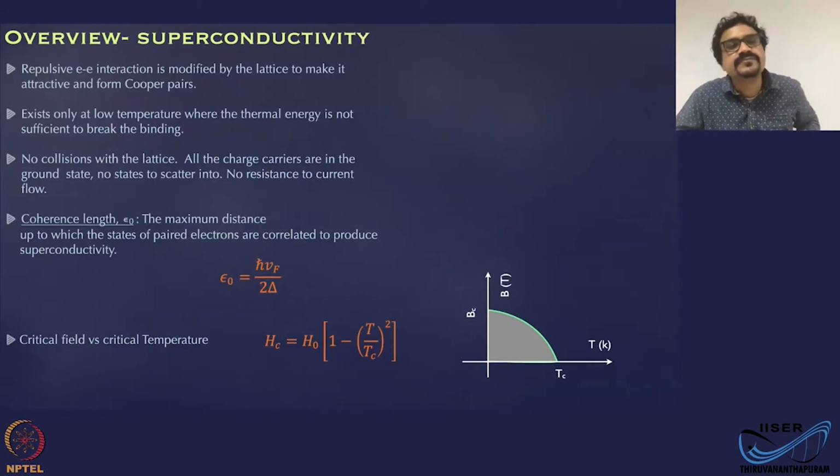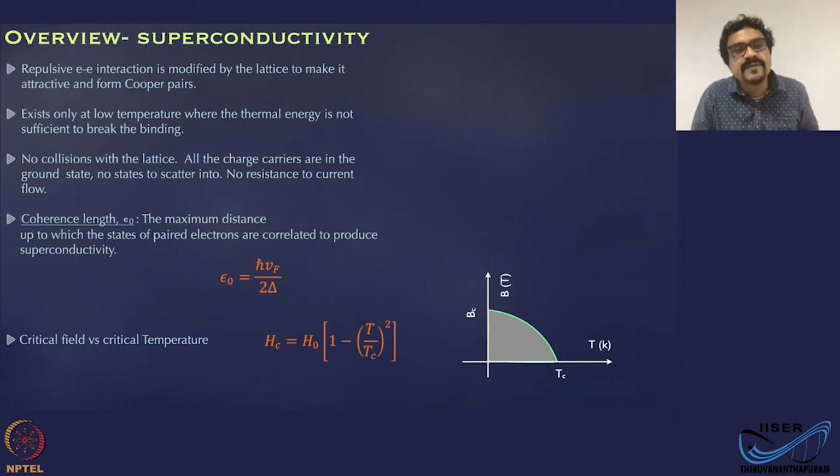Now, just to summarize the other properties of superconductors, as we just discussed, the repulsive electron-electron interaction is modified by the lattice to make it attractive and form Cooper pairs.